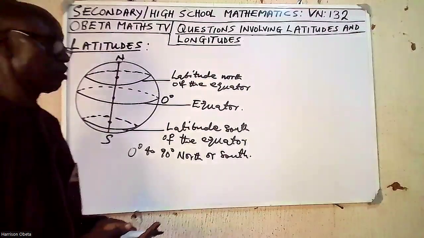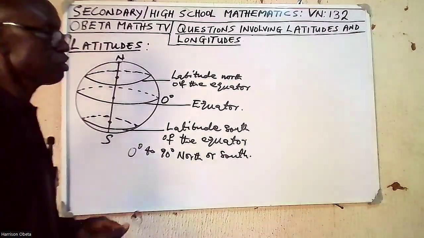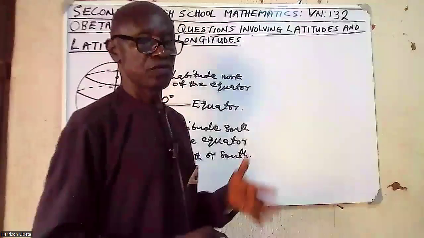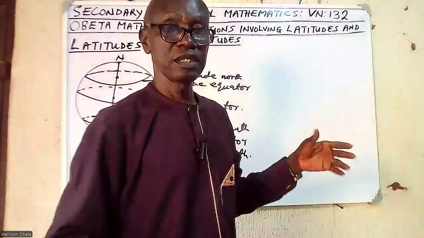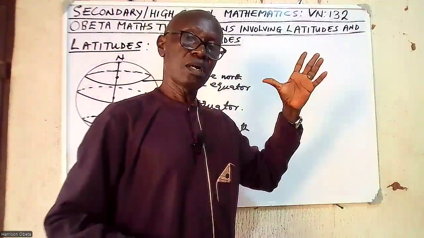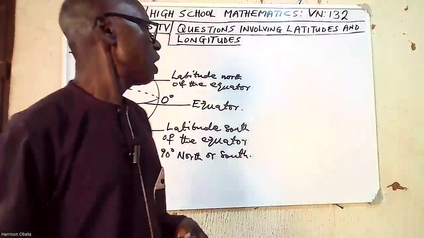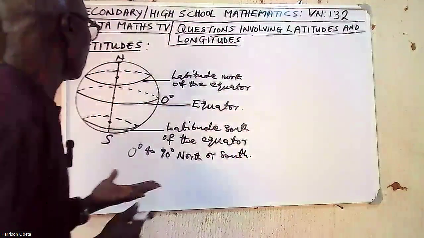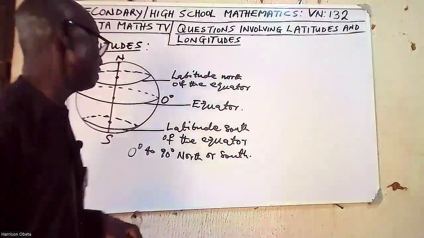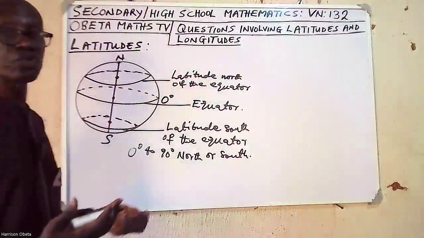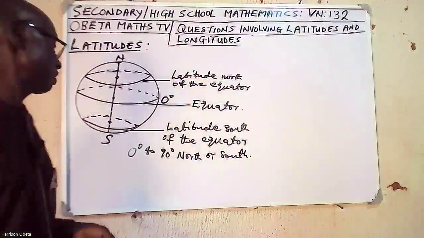Then again, when we start solving questions, we'll be talking of latitudes falling on the same part, either on the northern part or southern part. If you have 2 points and want to find the angular difference, there's a formula we use to get the angular difference.